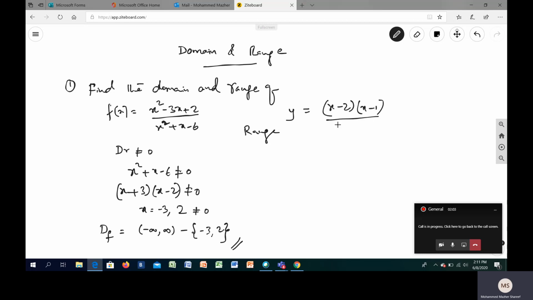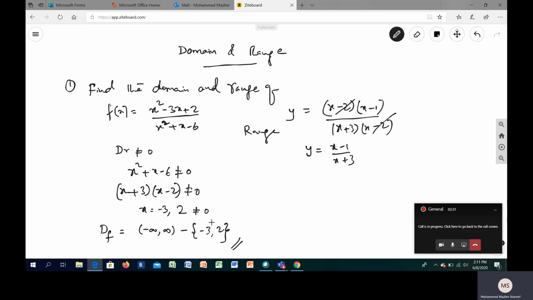Check: minus 2 times minus 1 gives positive 2, and minus 2x minus 1x gives minus 3x. That's how we get the factors by splitting the middle term. Similarly for the denominator, as we already got it for the domain, I'll just place it. See, they get cancelled. We get y equals x minus 1 by x plus 3.